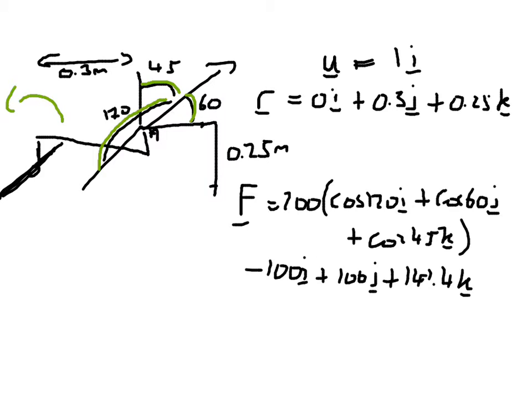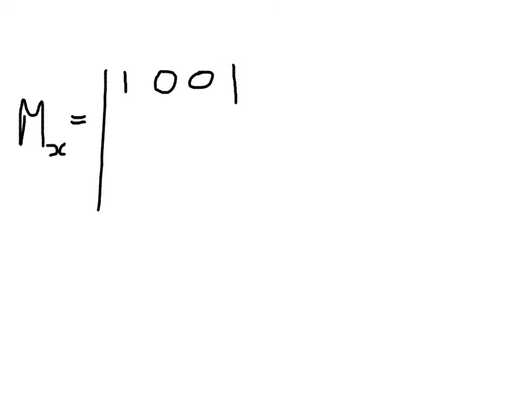And now we can start to place those numbers into a matrix. So you're going to need the three Cartesian vectors. I'm just going to jump to a new page. So our matrix for the moments, it was the moments about the x-axis. 1, 0, 0, no longer i, j and k. 1, 0, 0, that's your unit vector that you're substituting in there.